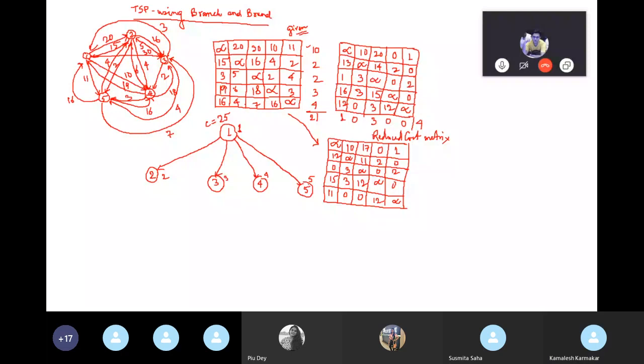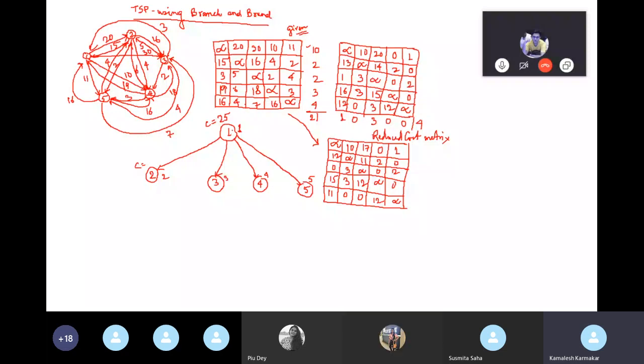Now we have to calculate the cost for each and every movement. Starting at vertex 1, if you reach vertex 2, then what will be the cost? Then you have to calculate the cost for this node. So what will be the cost of this node? This is the reduced cost matrix of node 1.